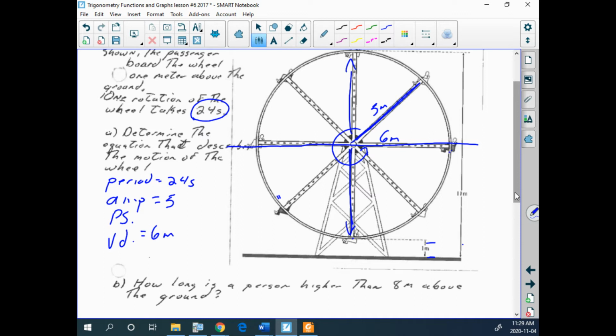Now we have 24 seconds, and that's a quarter of the way around your circle. If I'm using sine, because again, with sine, I want to know where it is going up as it crosses the midline. Well, that would be going up as it crosses the midline.